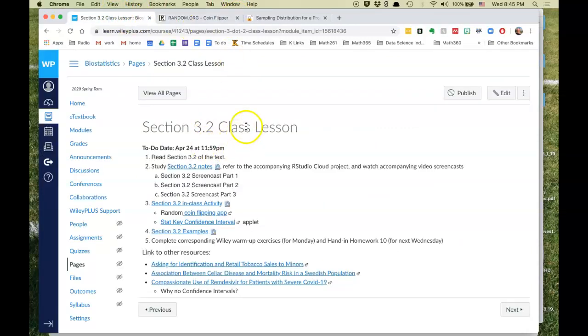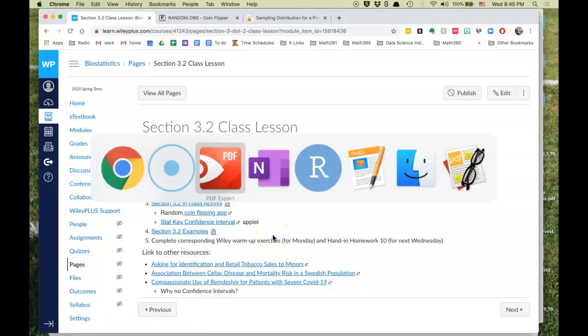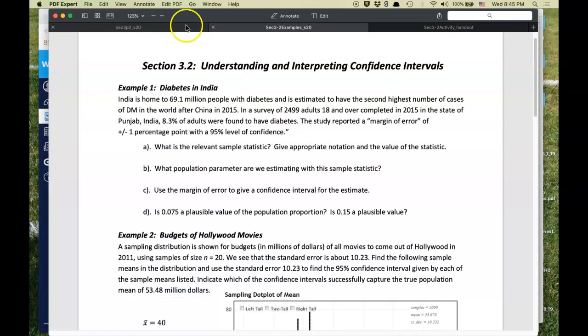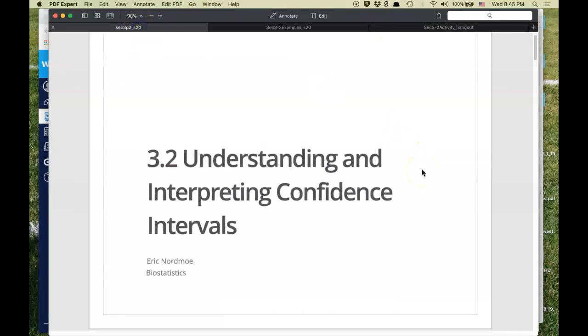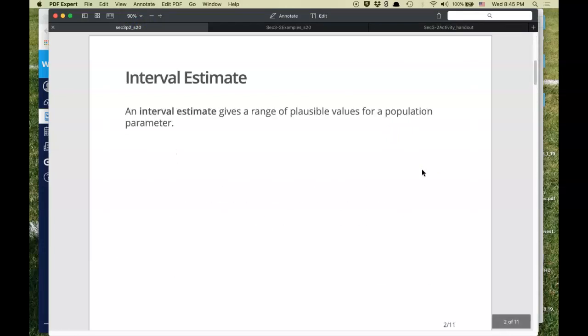I'll open up my notes for this section, and you'll see there are quite a few links here, some activities, and just a few articles. Actually, let me show you just the beginning of the notes here, and then we'll get into something in particular. So understanding and interpreting confidence intervals. Confidence intervals are giving an interval estimate, a range of plausible values for a population parameter.